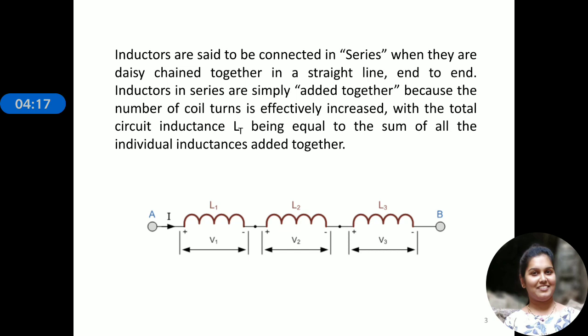Even in the previous video, while discussing the coefficient of coupling, I told you that if we take two inductors, each inductor has its own self inductance, and because of the placement of a coil side by side with another coil that is passing current, mutual inductance will be induced in the adjacent coil.